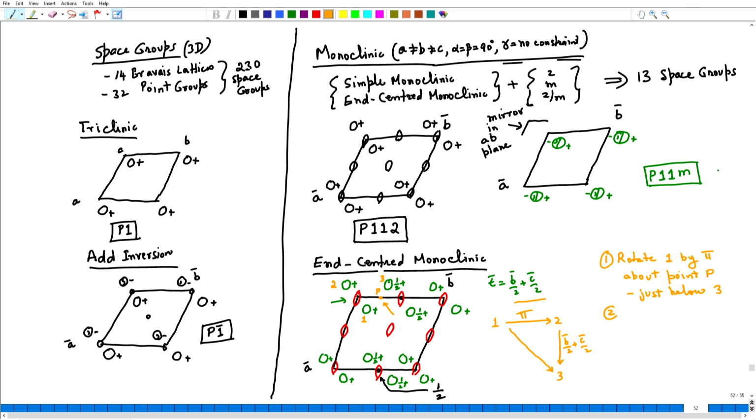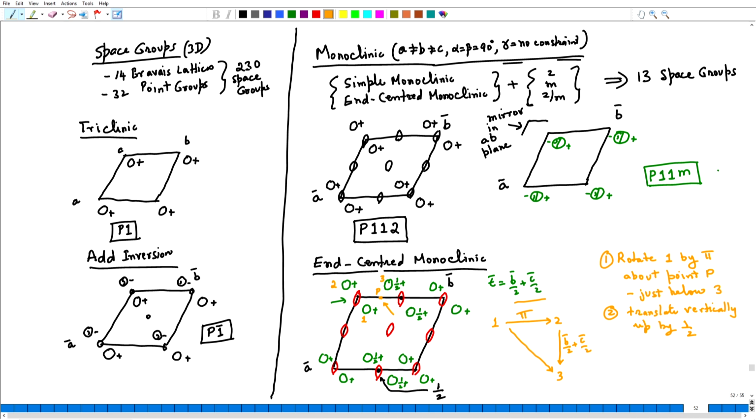And the second operation that we do is translate vertically up by half, and it will self coincide.